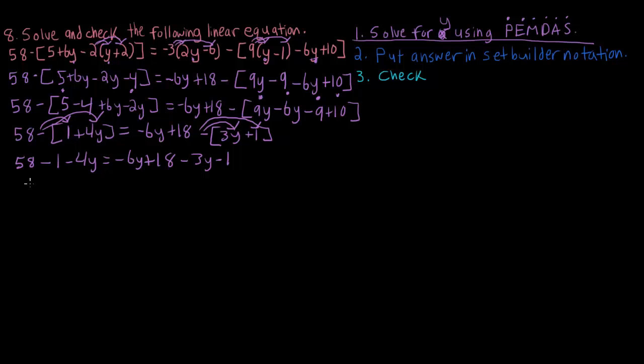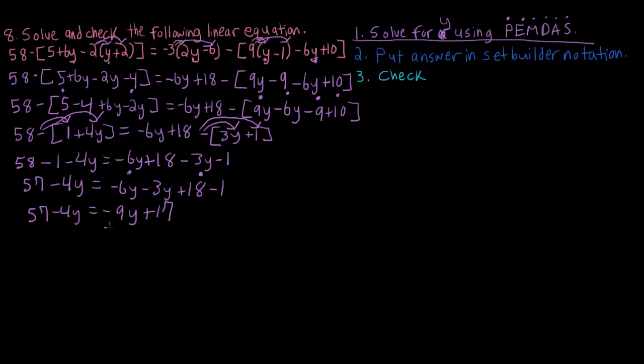Okay, keep simplifying. 58 minus 1 is 57 minus 4y equals, alright, let's group together the like terms so we don't get confused. Negative 6y minus 3y plus 18 minus 1. So 57 minus 4y equals negative 6y minus 3y is negative 9y. And then 18 minus 1 is just positive 17.